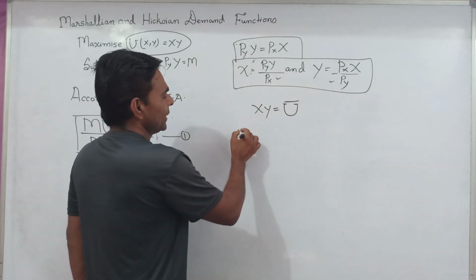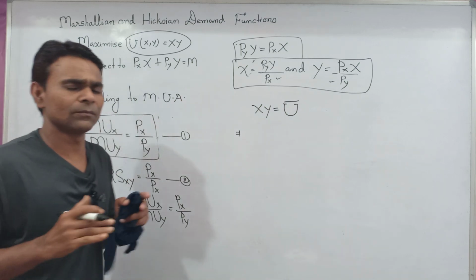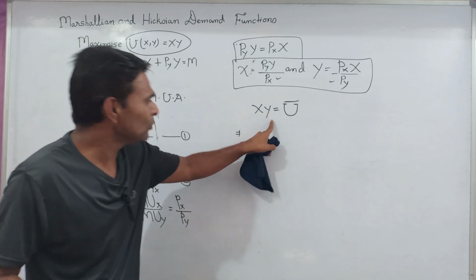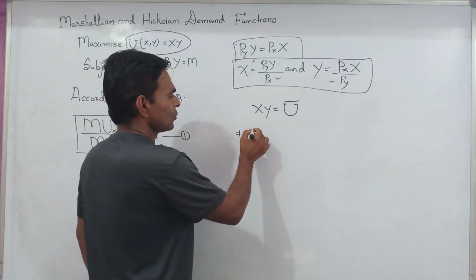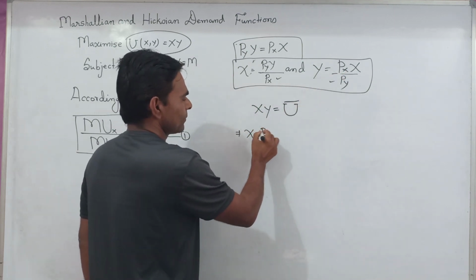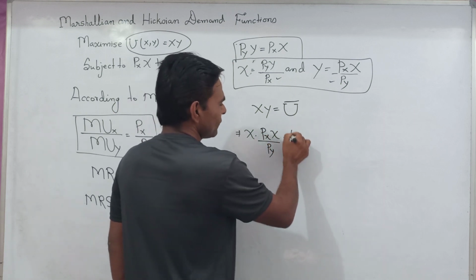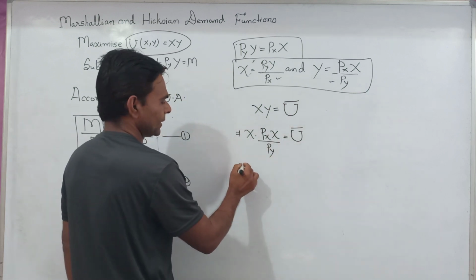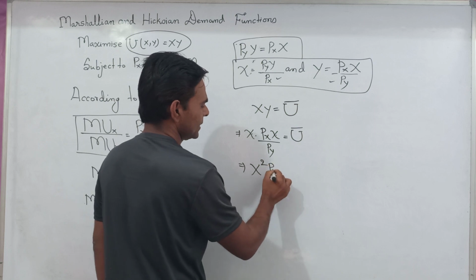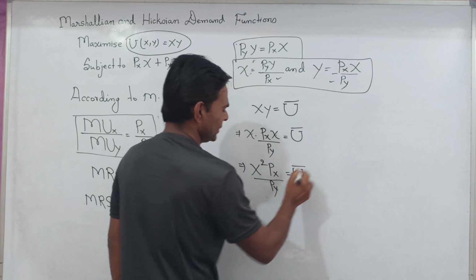Now, if we are interested in getting the Hicksian demand function for commodity x, we need to substitute the value of y. So x and what value did we get for y? Price of x into x by price of y equal to fixed level of utility. Therefore, x into x, x square, price of x by price of y equal to fixed level of utility.